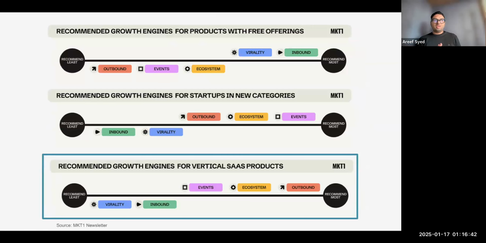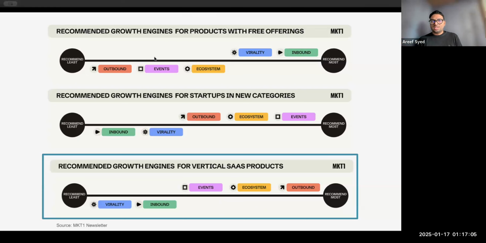Then you have an opportunity to also be viral, right? So ideally, if you're not targeting enterprise level customers, then you should not do outbound. Honestly, you should just rely on inbound. You should do SEO, you should do search engine marketing, because there is already enough traction. There are already enough people who are searching for that product, right? So you would want to cash in on those leads.